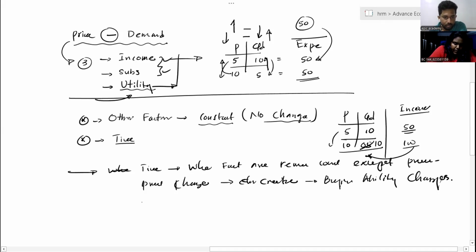That effect can be identified as income effect for the law of demand.